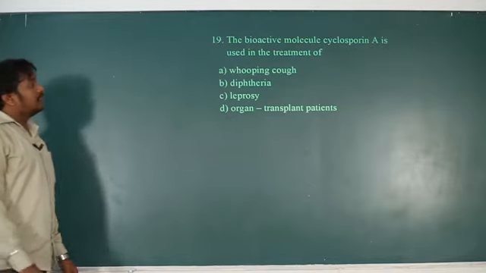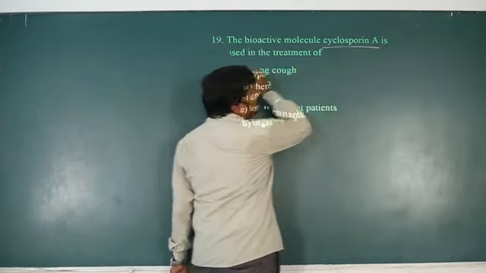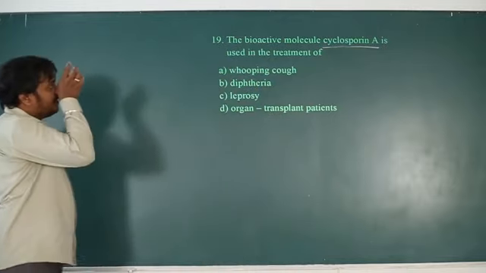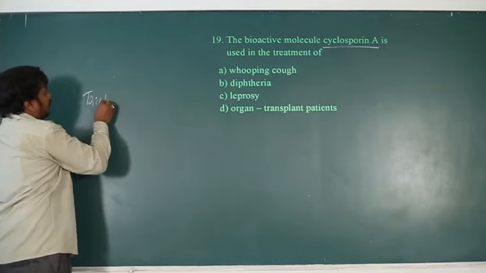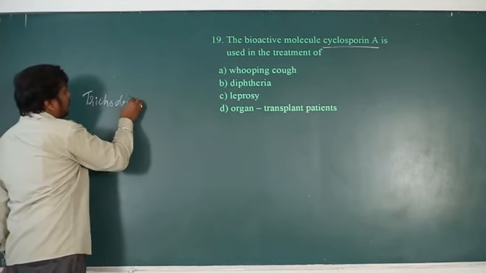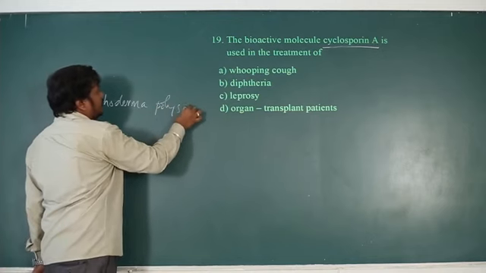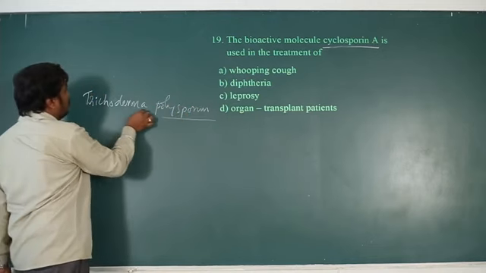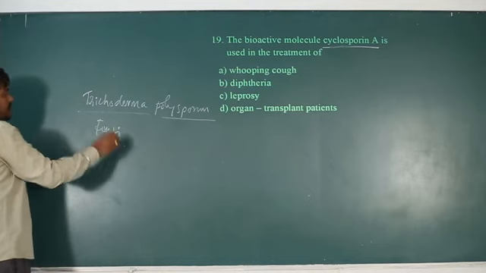The bioactive molecule cyclosporin A is a biomolecule isolated from Trichoderma polysporum. It is a fungus which belongs to the Basidiomycetes.